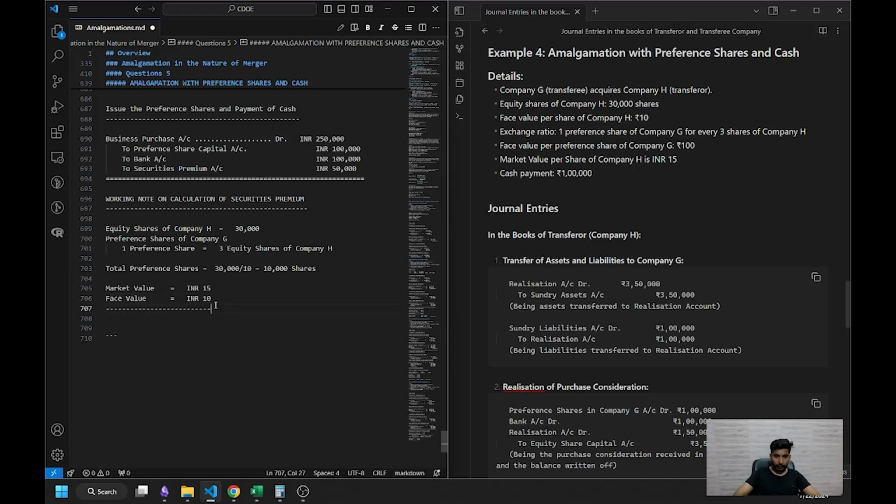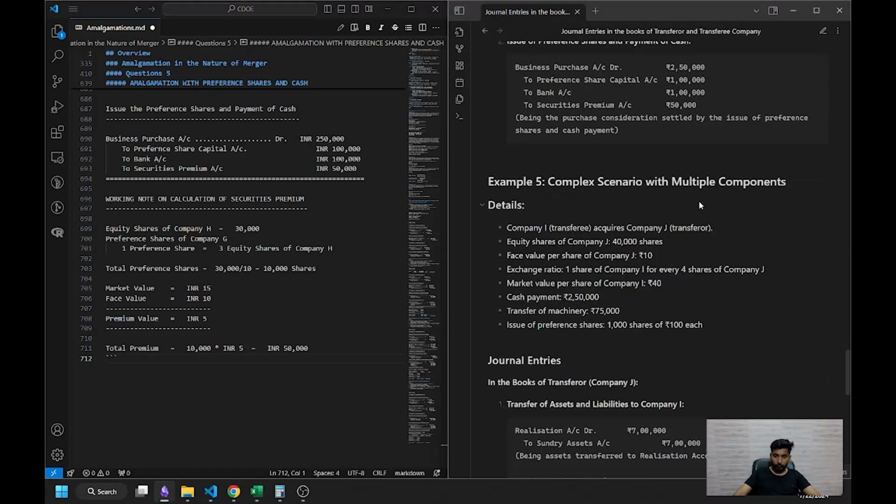That means the remaining is the premium value, that is rupees 5, and the total premium will be 10,000 shares multiplied by 5, that is equal to INR 50,000. Why so? Because this is INR, not this.